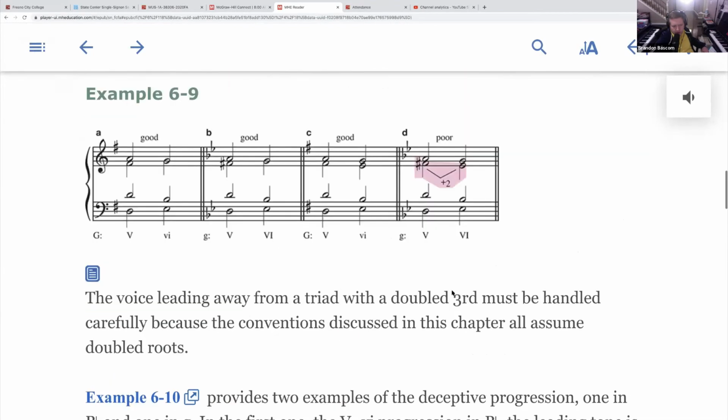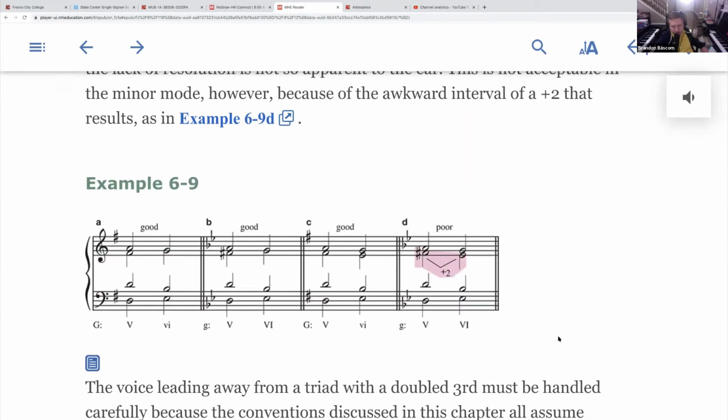Well, in this example, the third is doubled. In this example, the root is doubled. So I don't know that there's a usual, but the exception is if you double the root in minor, it results in an augmented second. Does that make sense?